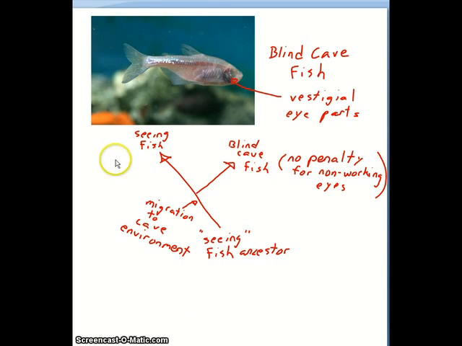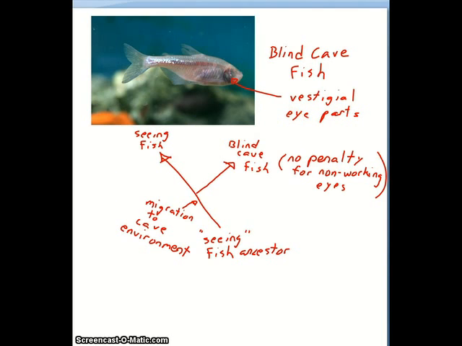In the case of the cormorant and the blind cavefish, again, the challenge to Paley's worldview is: why would God be making the fish with some eye parts that just didn't work, right? It didn't have a fully functioning eye, but it still had some eye parts. That wouldn't seem to fit with the idea of intelligent design.